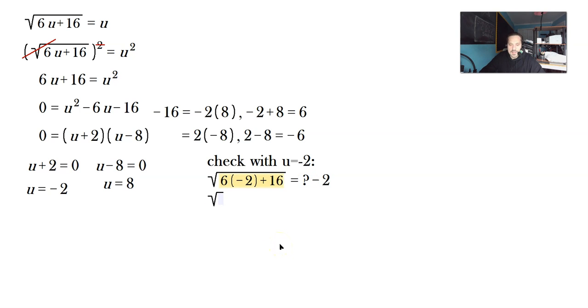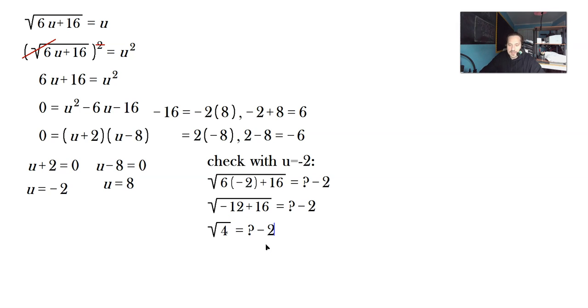Well, that's -12 plus 16, which is +4, and we're asking, does this equal -2? So 2, does that equal -2? No. So that means that this value, u equals -2, cannot be used right here. You just exclude it from the set of solutions. It doesn't work.